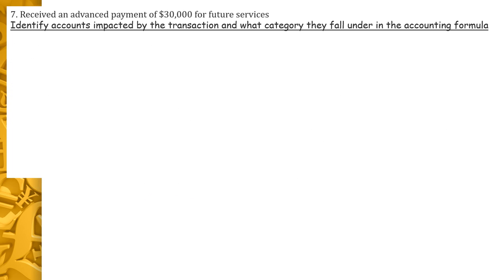Now, received an advance payment of $30,000. I hope this is helping you get in the flow of the thought process, which is always what was affected. These are the accounts. Now, this is different because normally we would think, well, this is revenue, but it's not, because what somebody did is they gave us cash in advance of us providing them any services.